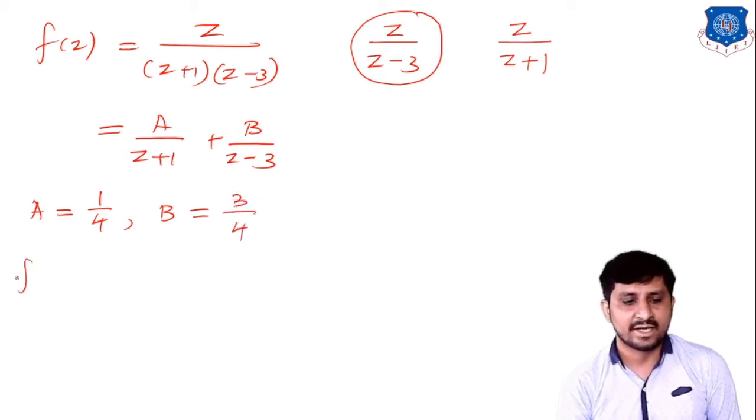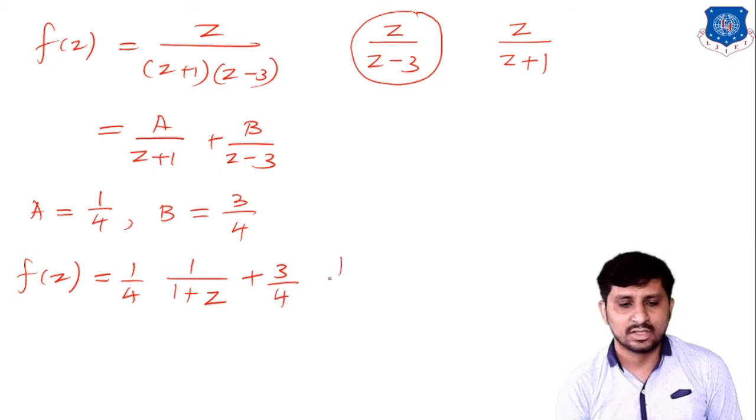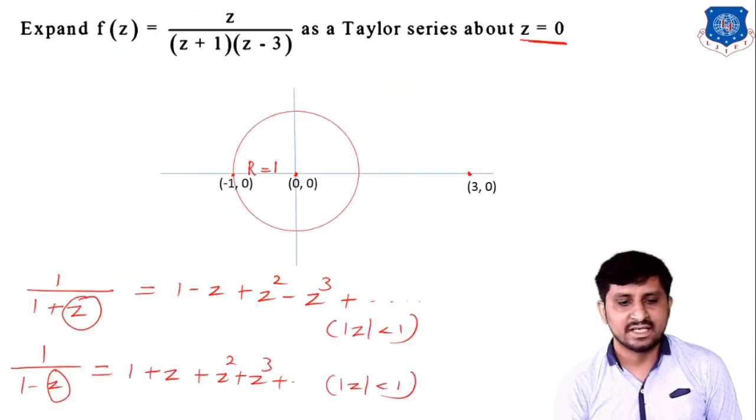Okay, so now f of z is equal to 1 by 4, 1 upon z plus 1, plus 3 by 4, 1 upon z minus 3. Okay, and here we have C. So the region of this circle, that means here we have mod z less than 1, right?